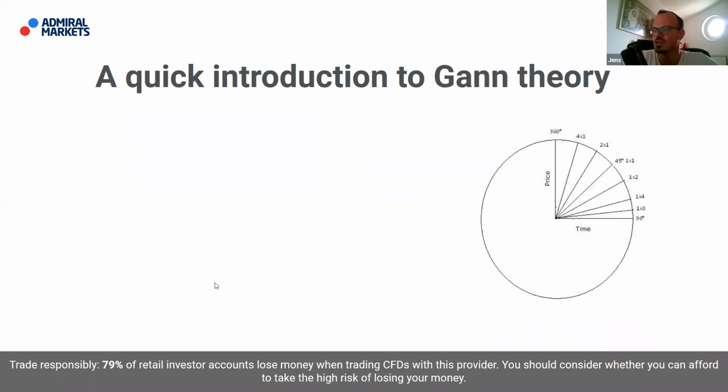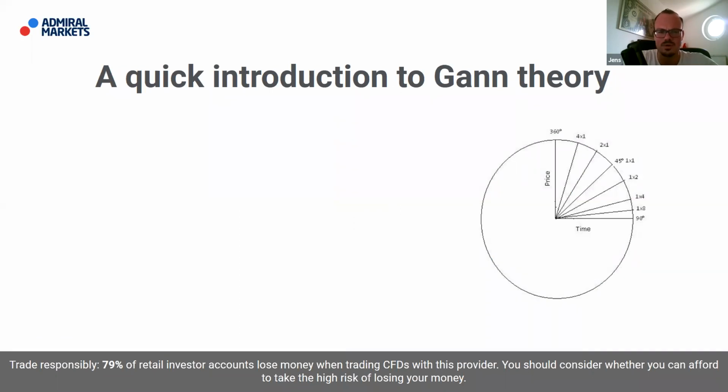Now we want to start with a quick introduction to Gann theory, in fact, and dig a little deeper into this quite fascinating topic, especially for traders who are more quantitative, even though they probably have some discretionary touch in their trading.